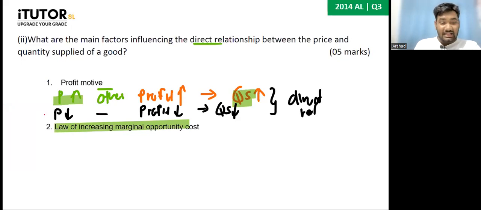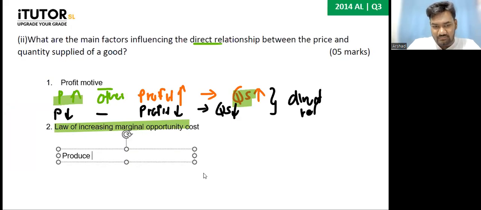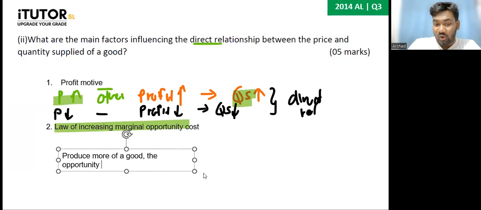So remember, in unit number 1, we learned that if you want to produce more and more of a good, you will have to give up more and more of another good. The opportunity cost increases. If you want to produce more of a good, the opportunity cost of producing that good increases.